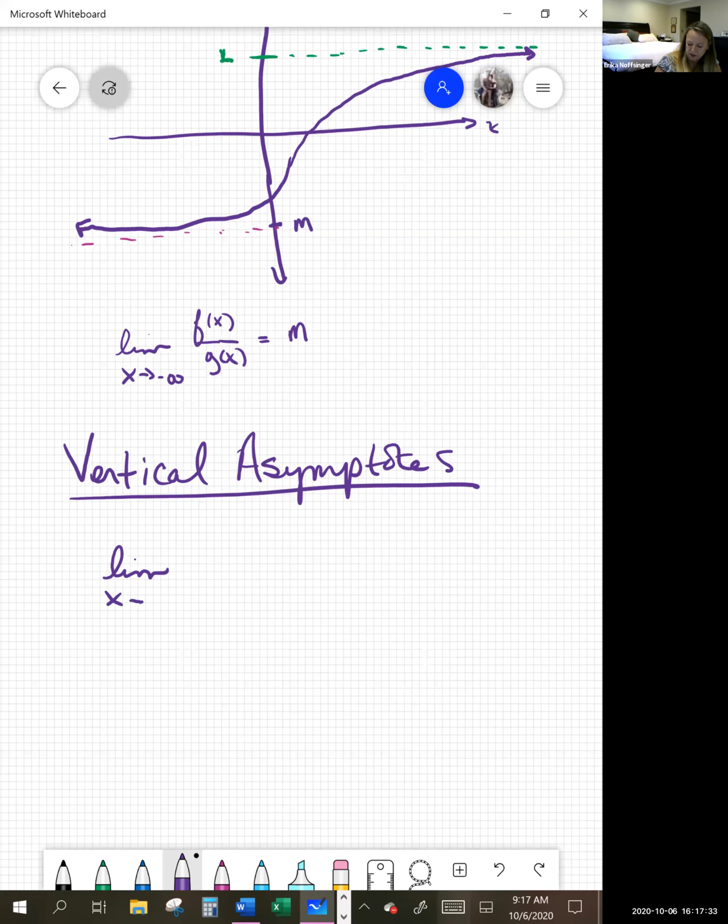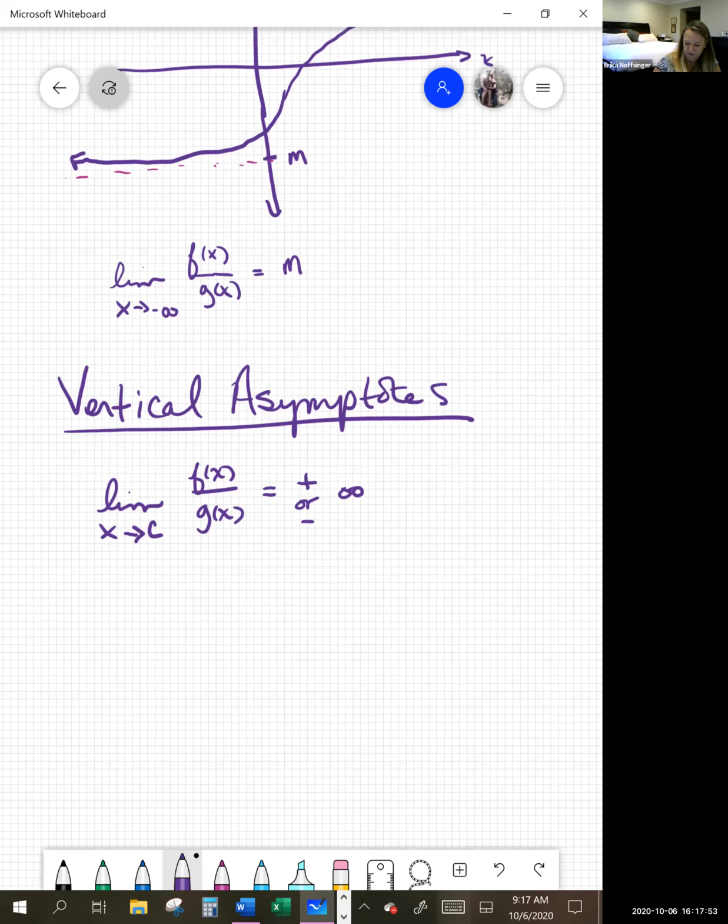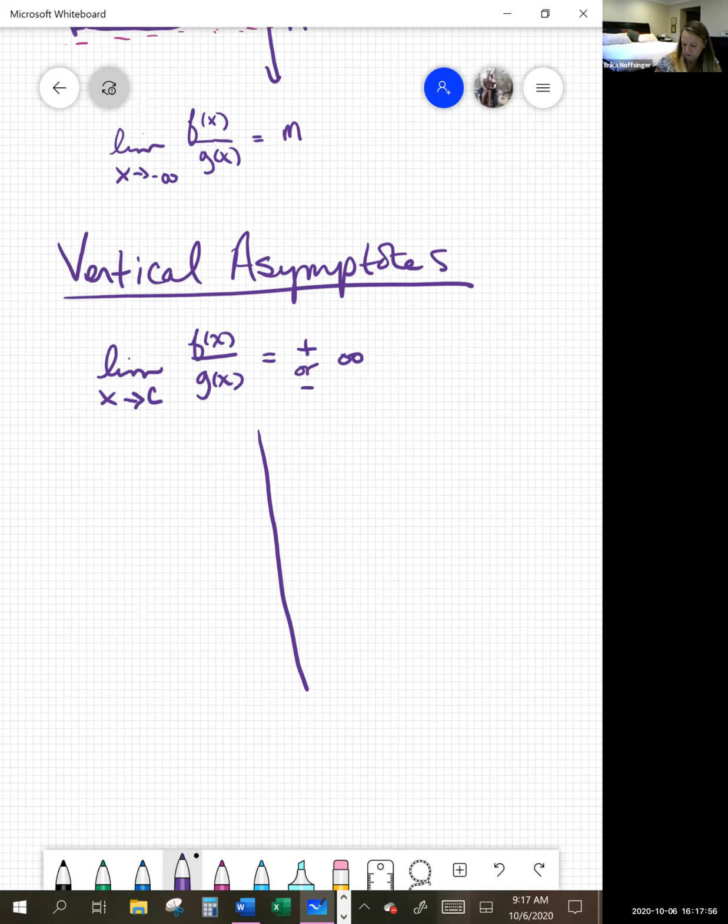So as x approaches some value, let's just call it c, of our rational function, f of x over g of x, then this is going to equal plus or minus infinity. So maybe this is where c is on the x-axis. Let's draw a vertical line here.